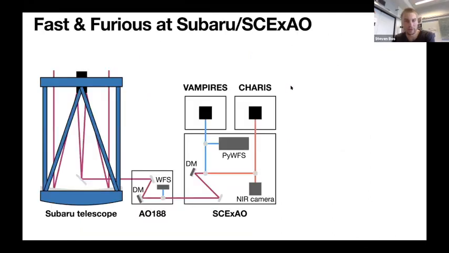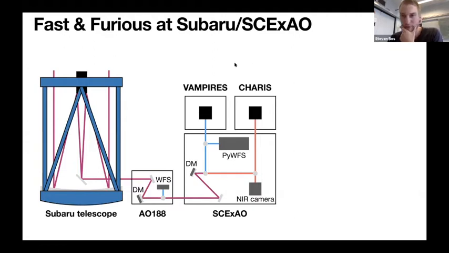So we implemented Fast and Furious at the SCExAO system, which is a high contrast imaging system with an extreme adaptive optics system on the Subaru telescope, which is an 8-meter class telescope on Hawaii. It's behind the AO188 system, which gives a low order wavefront correction. And it features a high order DM and a pyramid wavefront sensor and various science modules in the optical and also in the near infrared.